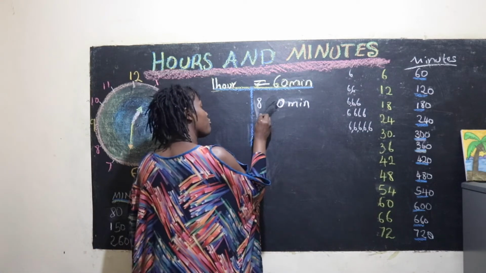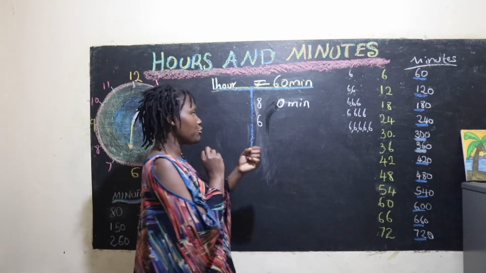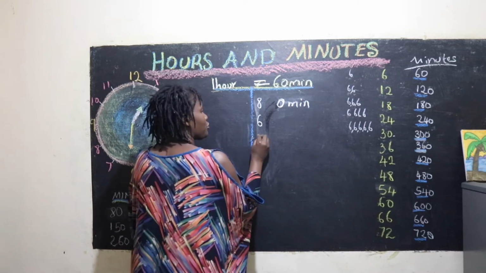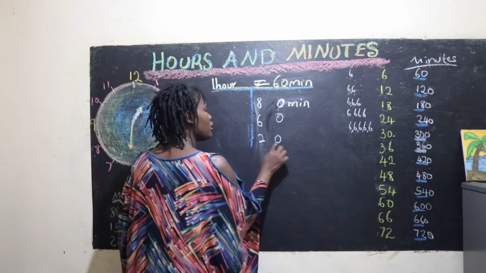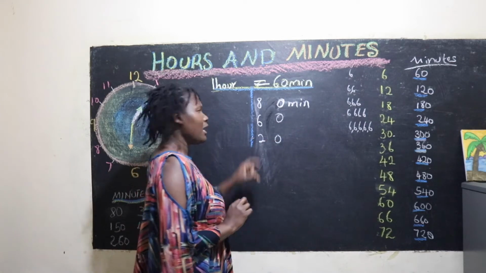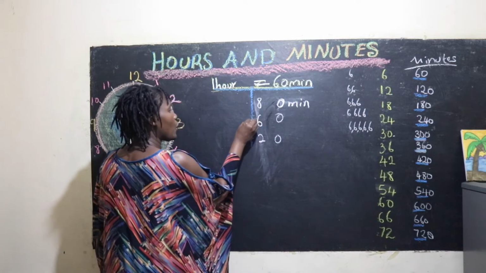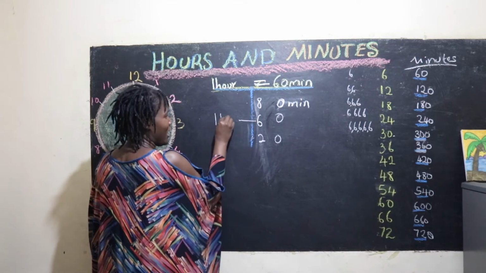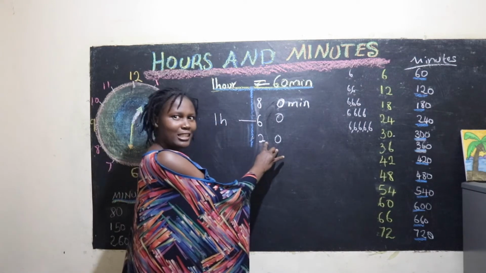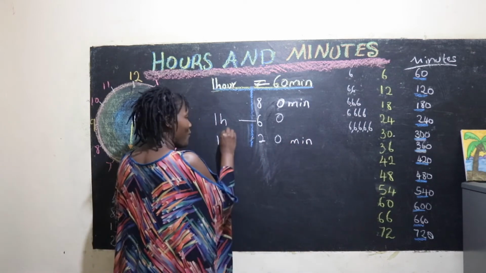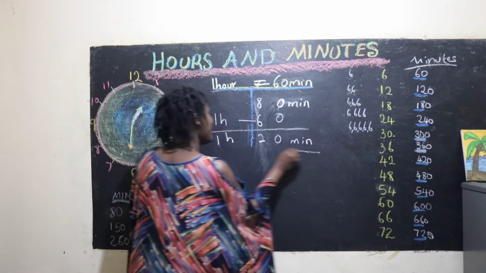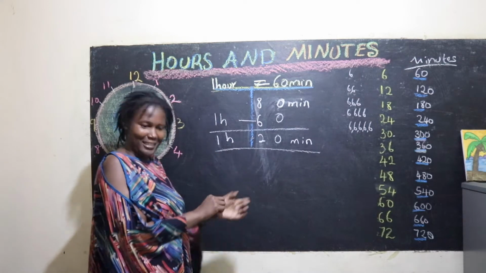We have 1 six and we're left with 2 to make 8. So just write it, then add the zeros. We have 60 and 20 to give you 80. Every 60 crosses and becomes 1 hour. And this one is not yet 60, so you leave it as 20 minutes and here you put 1 hour. The answer is 1 hour 20 minutes.